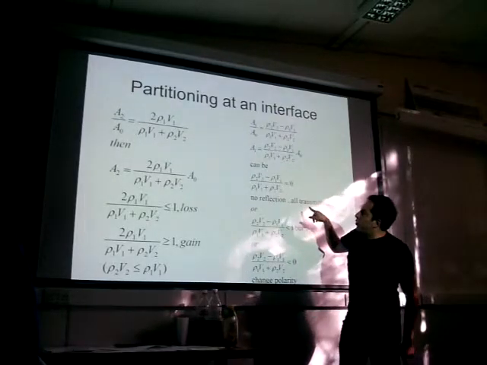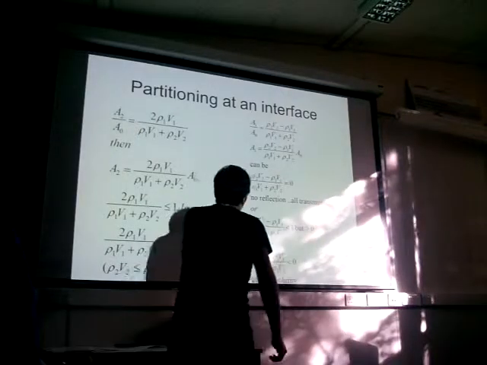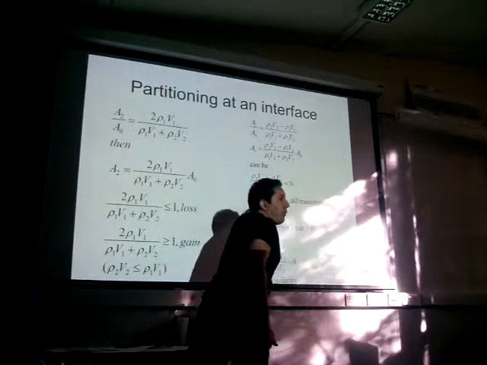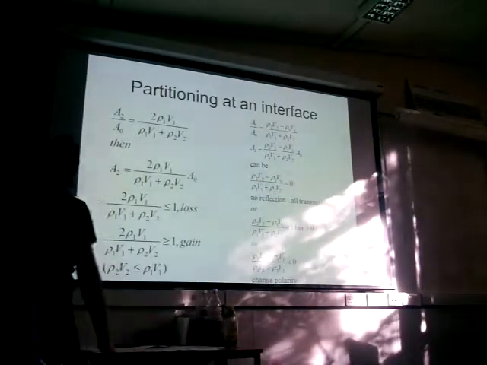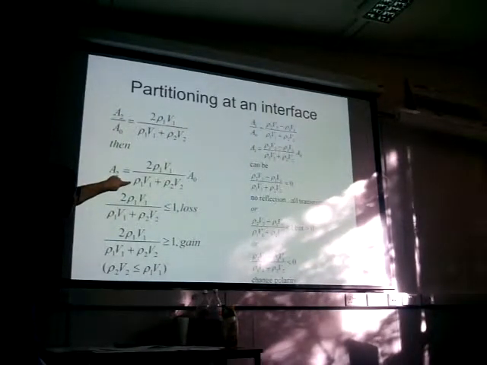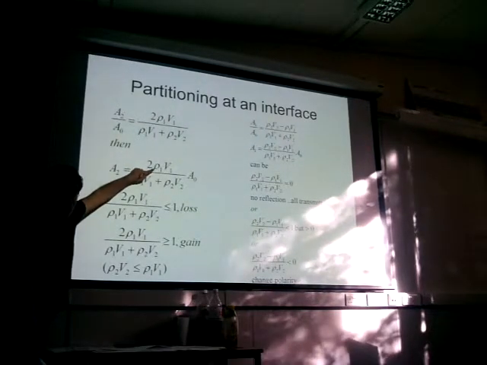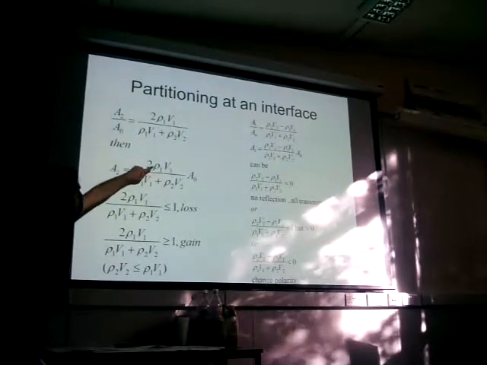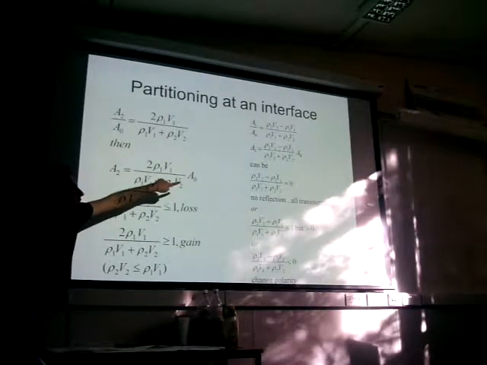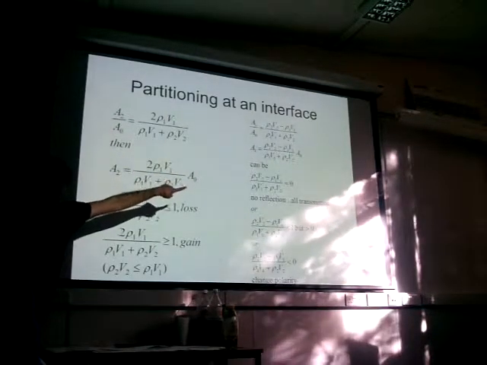If my reflection component is 0, it implies that rho 2v2 and rho 1v1 are equal. If rho 2v2 and rho 1v1 are equal, that means the summation of that one is equivalent to twice rho 1v1. Do we agree with that? Because if rho 2v2 is equal to rho 1v1, I can express rho 2v2 as rho 1v1.